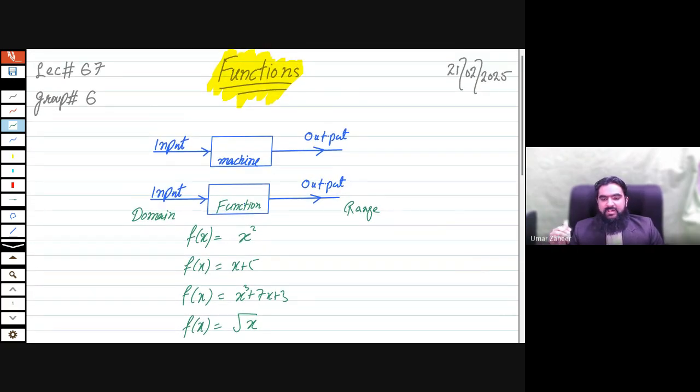The values that you can give the function as an input are the domain. After processing, the function gives you the output, and the output of the function is known as the range of the function. Yes, everyone, any question up to here?